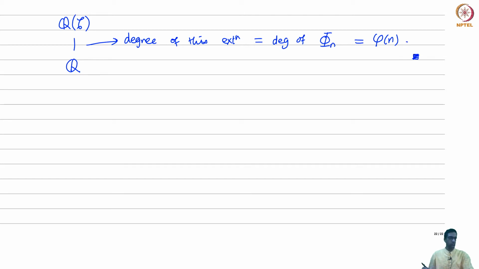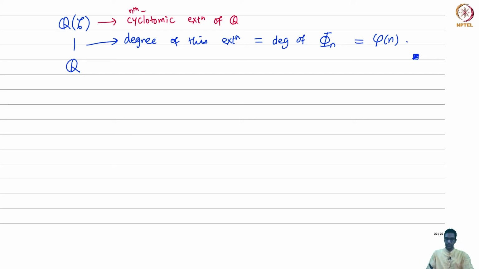Recall, as we said in the beginning, that this is actually a Galois extension. This field is what we call the nth cyclotomic extension, a cyclotomic field or cyclotomic extension of Q, and we say nth cyclotomic to keep track of the fact that it's nth roots of unity that you are adjoining.